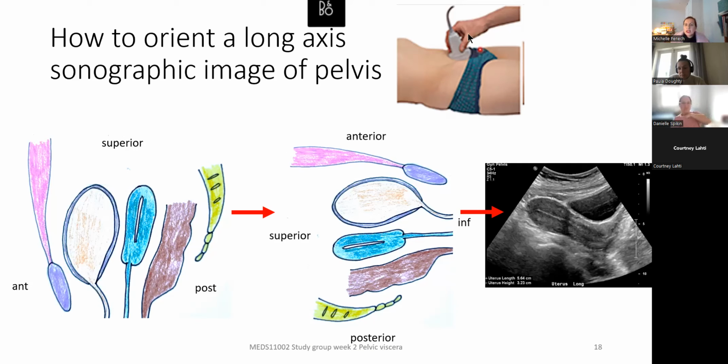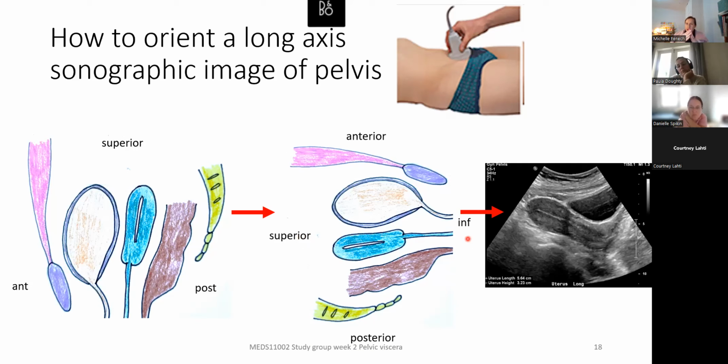We have the ultrasound probe in a long axis orientation. So this part is pointing towards the head and this part is pointing towards the feet. And that's the way we hold the ultrasound probe.